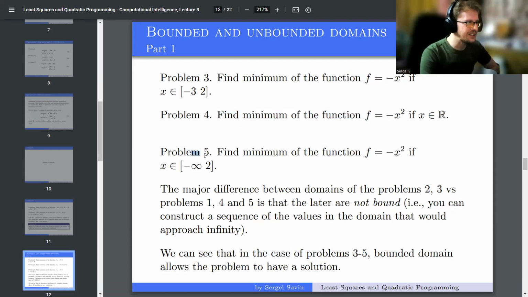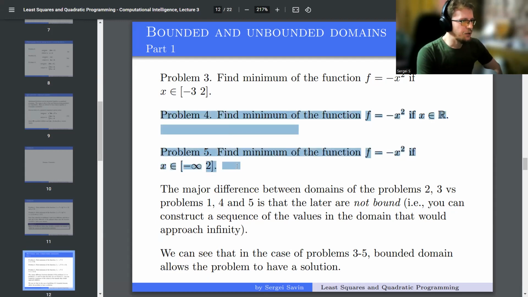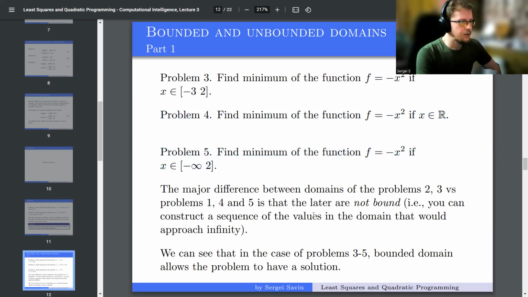Problem number 5 is again not solvable because the domain is too big. Even though it has a domain that is limited, it's still too big. So we can call those unbounded problems.